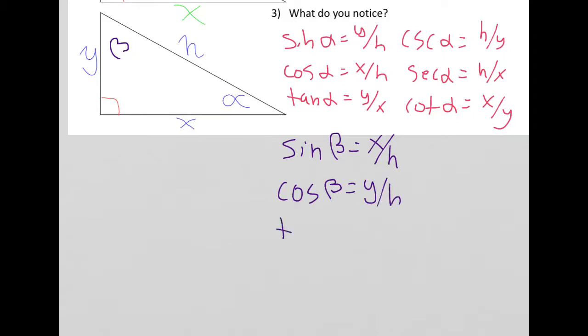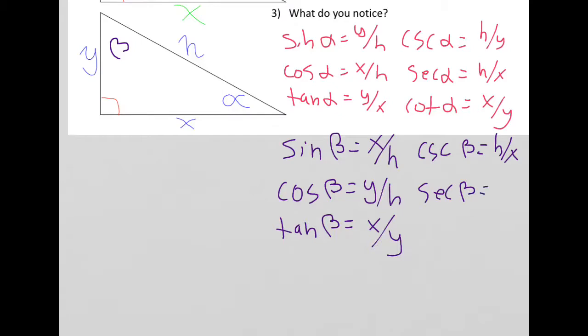And the tangent of beta is equal to the opposite, which is x, over the adjacent, which is y. And then again, reciprocals: cosecant of beta is h over x, secant of beta is h over y, and cotan of beta is y over x.